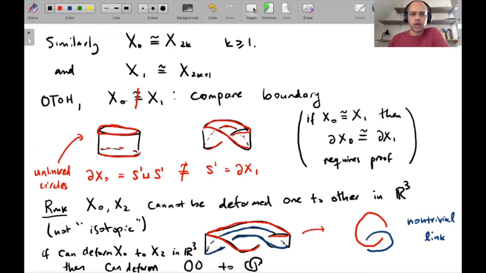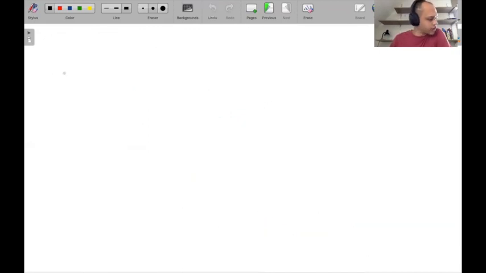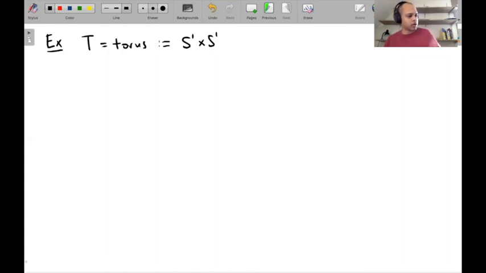Okay, so I want to give a couple more examples illustrating this concept of topological equivalence. So let's take T to be the torus, which is S1 cross S1.